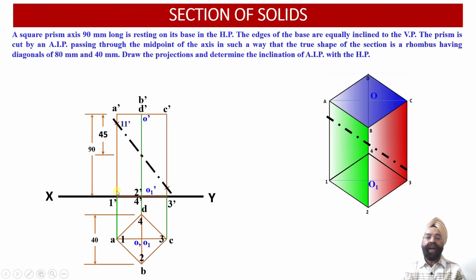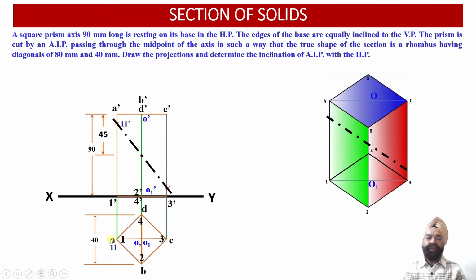A dash 1 dash vertical edge of the square prism has been intersected by the cutting plane at point 11 dash over here. Since this point 11 dash happens to lie onto the vertical edge A dash 1 dash, if we look at this point of intersection from the top, 11 dash, A dash and 1 dash lie onto the same vertical edge over here.